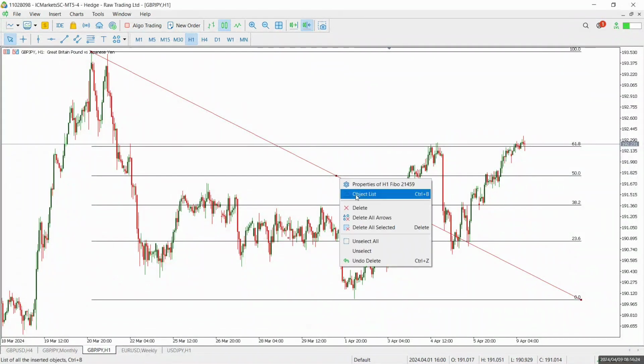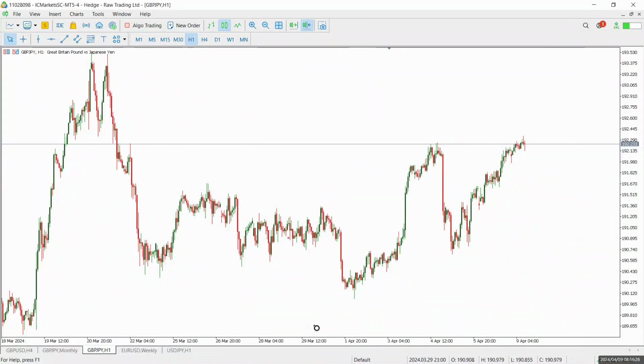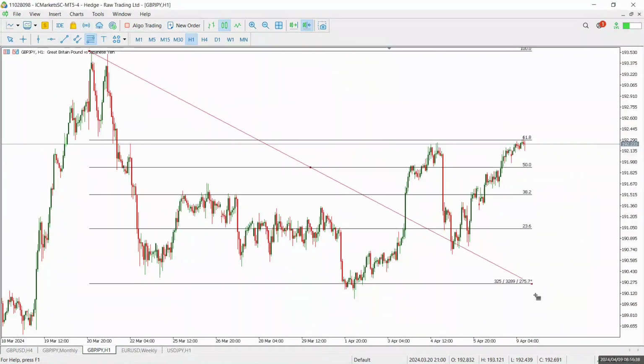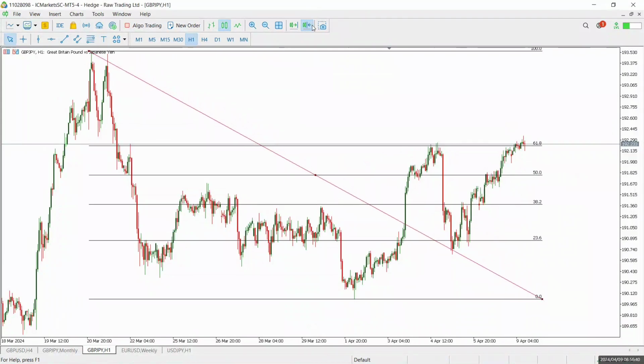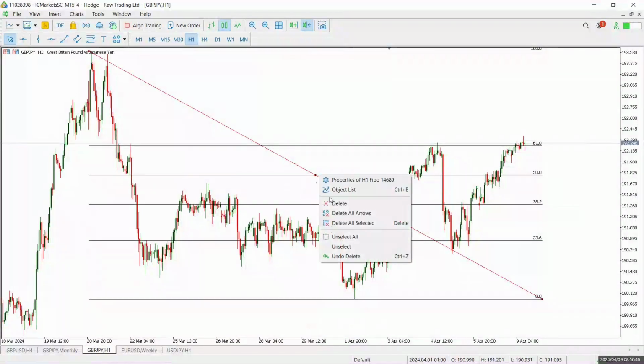So let's go ahead and read the structures. Let's see where the break of structure happened, just like we identified again. Let's just go ahead and re-identify it. So clearly, we are going to be exiting our trade at the 100.0.